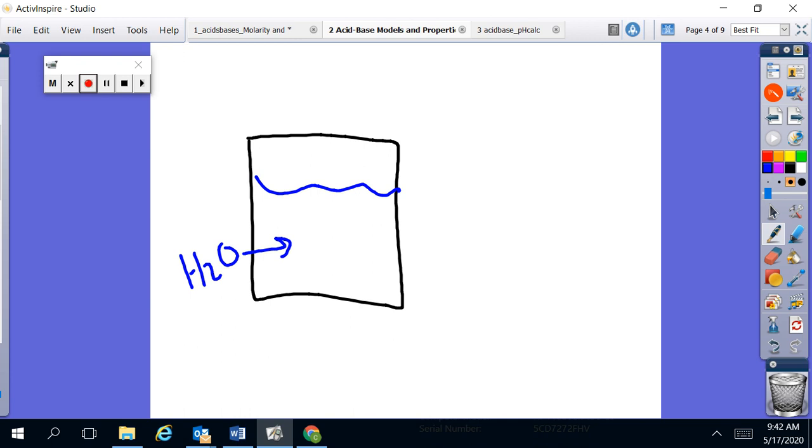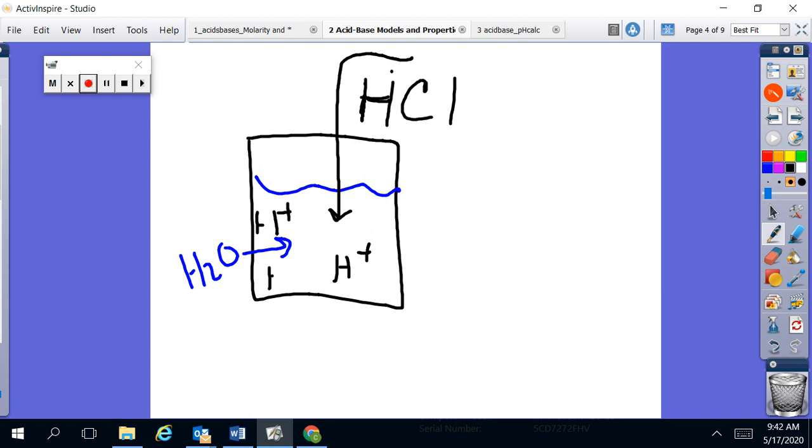Remember what a formula of an acid is. An acid has an H always at the front followed by a nonmetal or a polyatomic. Let's just pretend we're going to use hydrochloric acid, one that you should be familiar with. If you put this in here, what it's going to make is H plus ions. Obviously there'll be Cl minus ions in there too.